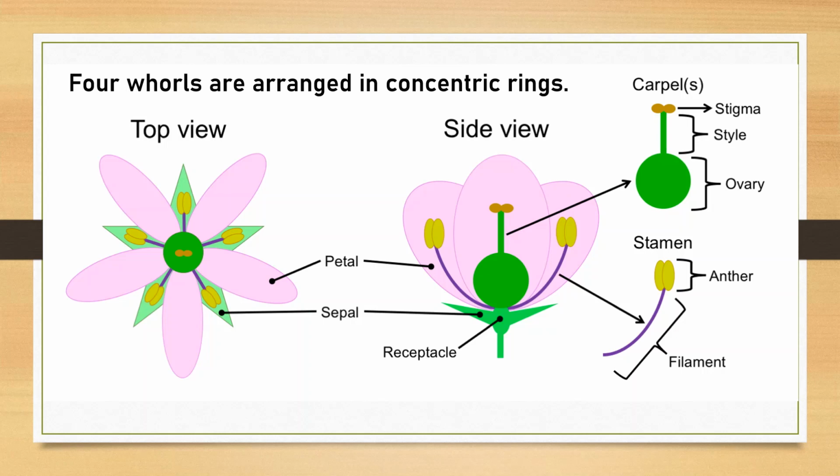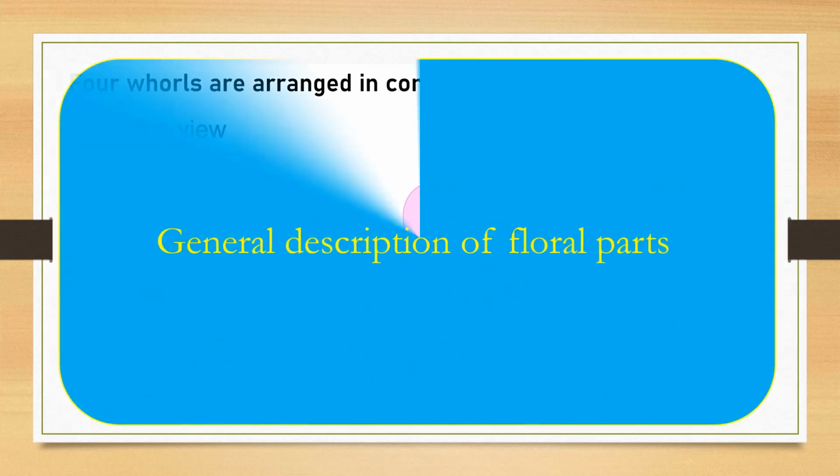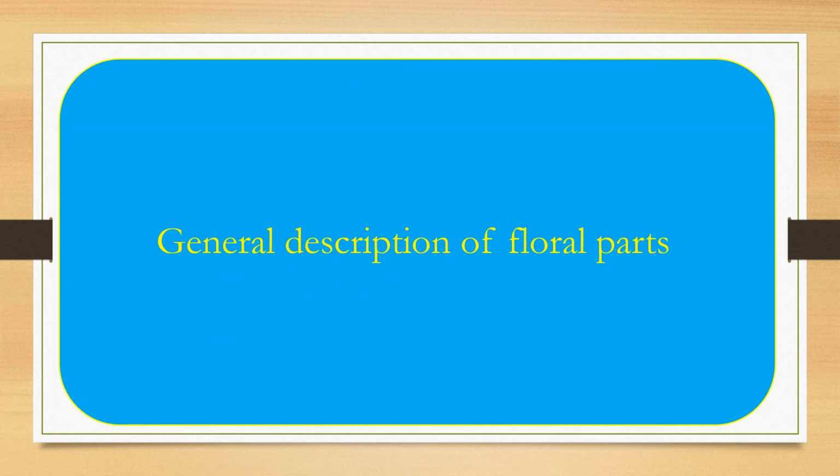You can see here the side view as well as the top view of a flower in which all the floral parts are arranged. Starting from outer side, calyx, then corolla, then stamen, then carpel. General description of all the floral parts, one after the other in detail, we will discuss now.